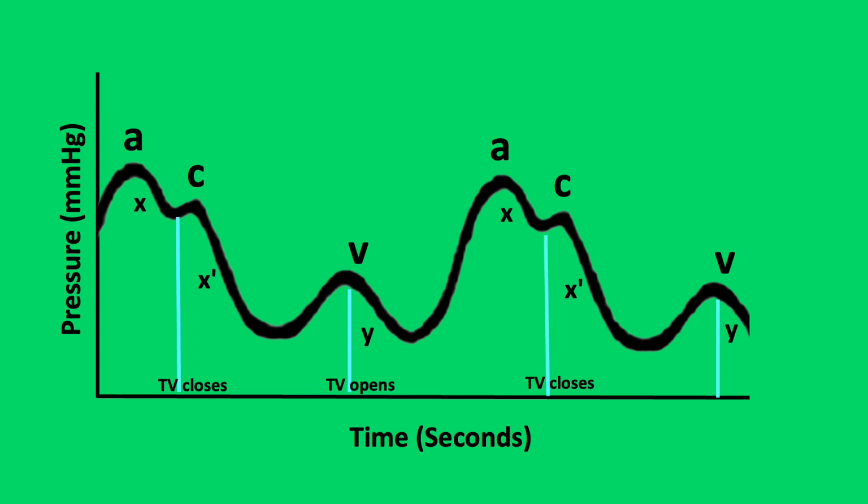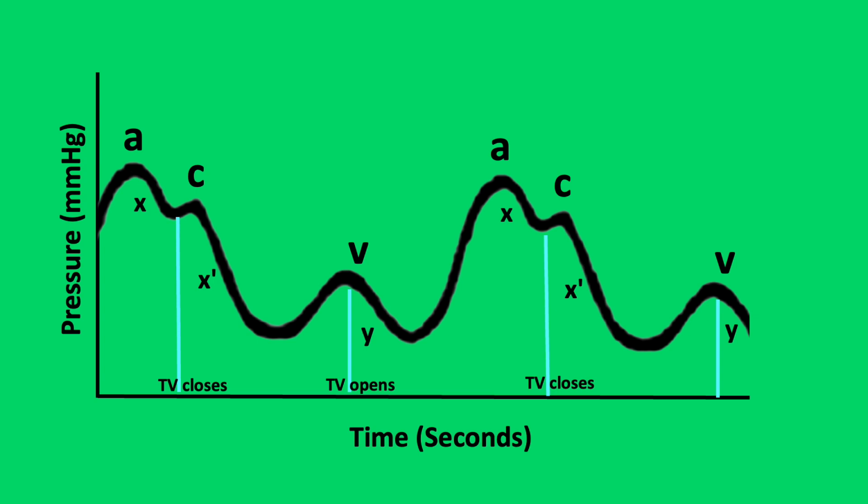Then, the first X descent. This is caused by reduced RA pressure due to RA relaxation. Then, as the RV fills, the pressure increases and the RV starts to contract against a closed tricuspid valve.